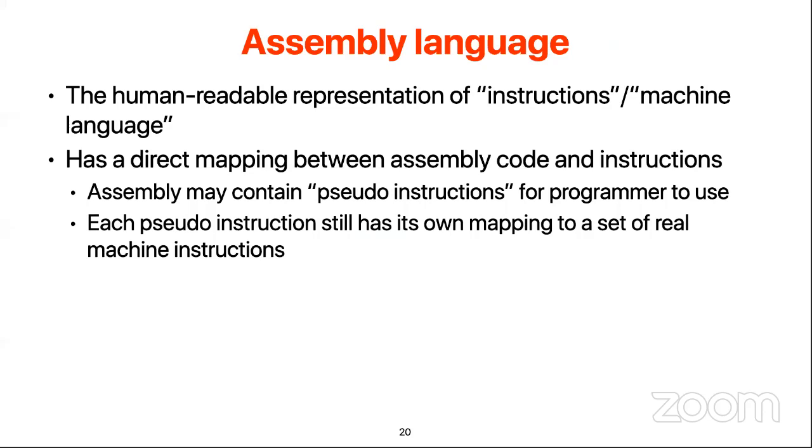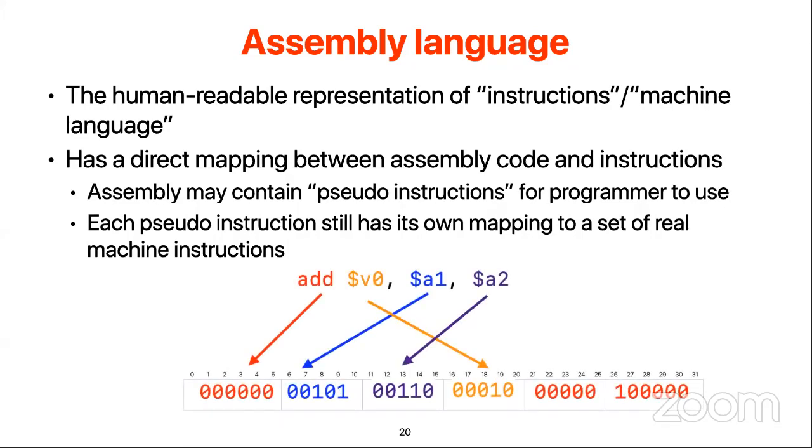So for assembly language, a lot of you have learned this in CSE 30. And the assembly language is a human readable representation of instructions and machine language. It's a direct mapping between the operations that are supported by the underlying processor. So it's just a human readable representation of those zeros and ones representing the instruction set architecture functions.